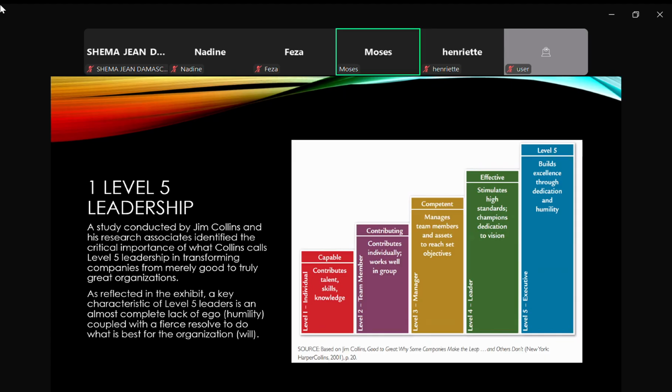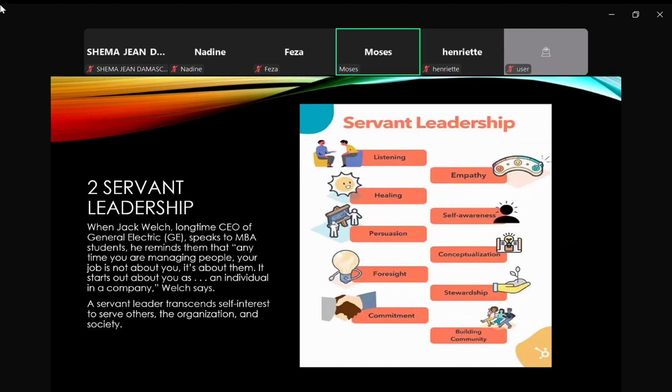So that's level 5. According to Jim Collins, good leaders are expected to have those two features.